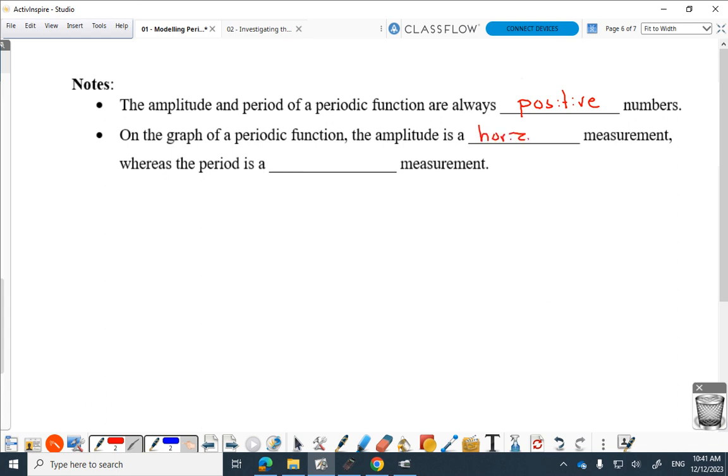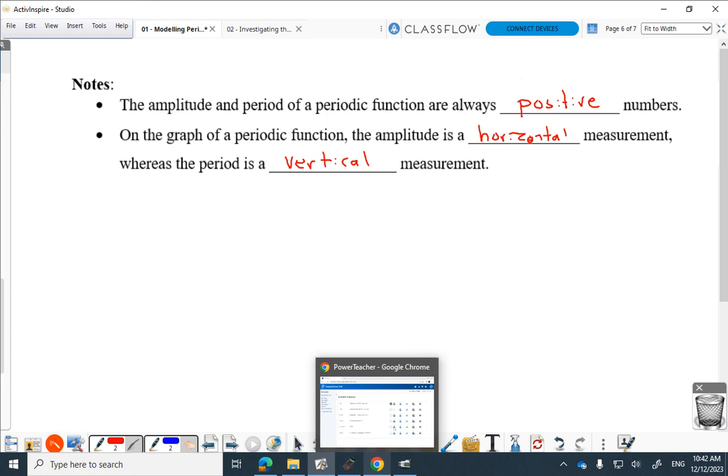And maybe that word triggers you a little bit to go, oh, maybe I know what's coming here. Transformations is on the way. Yes? And the period is a vertical measurement. More on that tomorrow. I just mentioned it, a little foreshadowing of what's coming next. Yes?